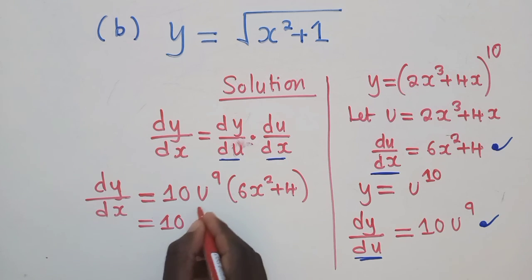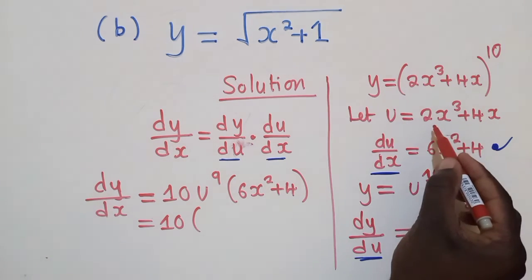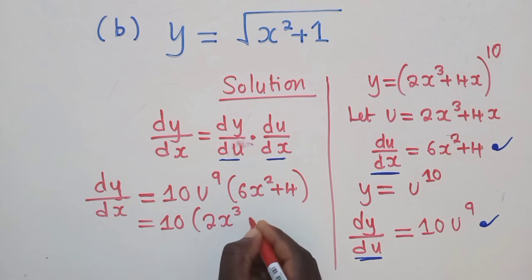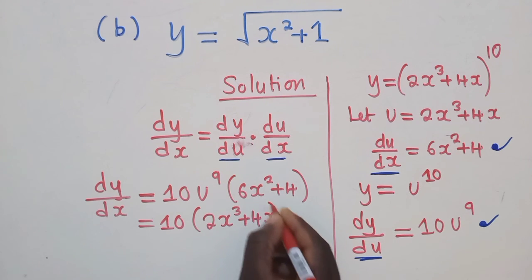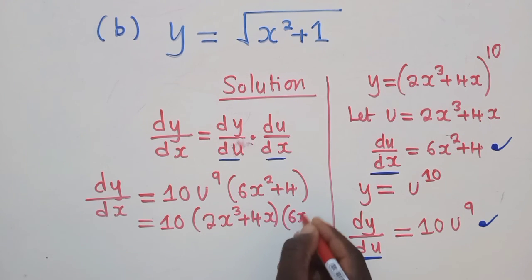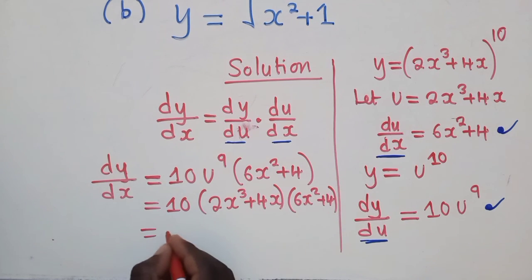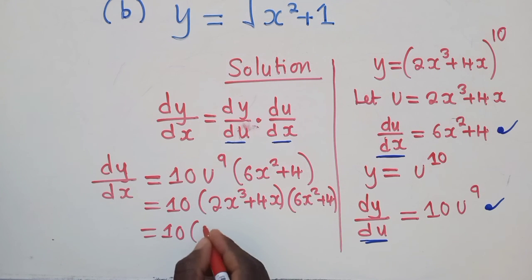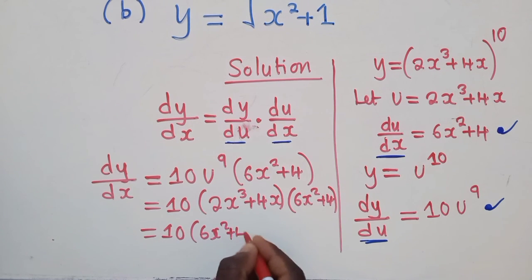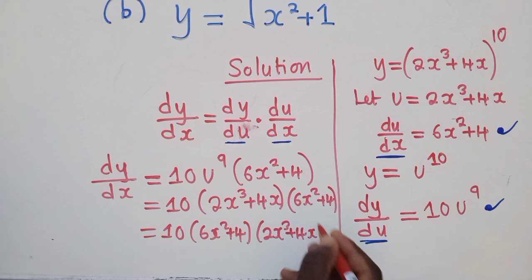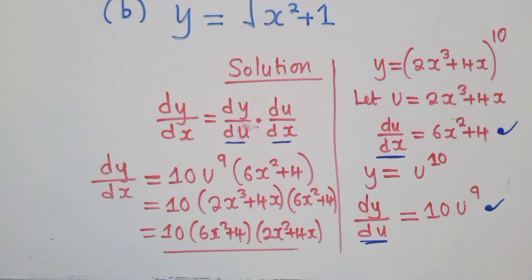We have this open bracket, and our u, we said u is equal to 2x power 3 plus 4x. And then we write back this. You see, we are getting the same solution. So we can even rearrange our work. This is what we got at first, if you are really following, and it's our solution. So this is how you use chain rule, and this is called the chain rule method.